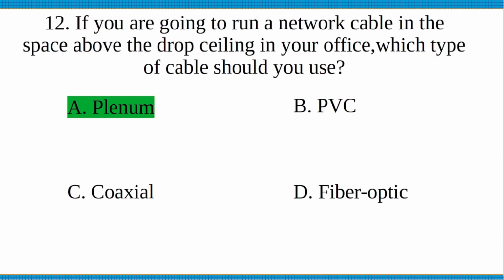PVC is the other type of coating typically found on network cables, but it produces poisonous gas when burned. So whenever you think about PVC, just think about the P, which stands for poisonous, because this cable releases poisonous gas when it's burnt. Something to think about and something to remember.